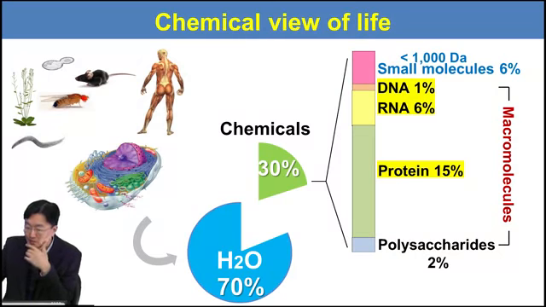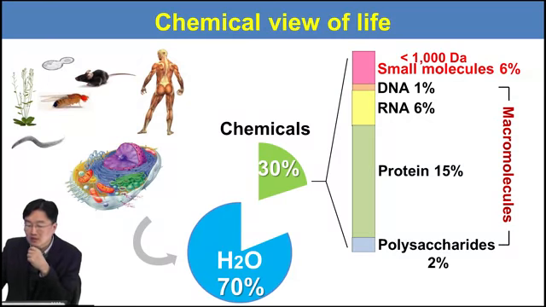Those molecules are collectively called macromolecules. Macro means large, so in terms of size, those molecules are big, simply speaking. Only a few percent of cellular chemicals are so-called small molecules. The cutoff is 1,000 Dalton.